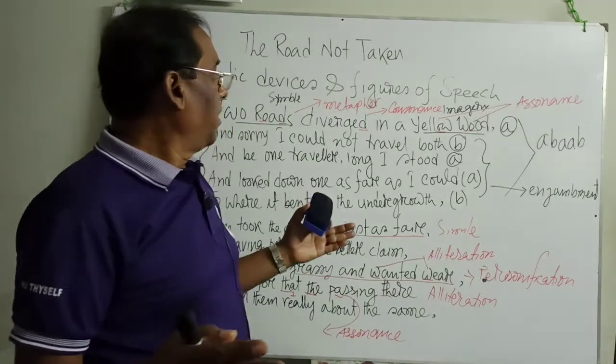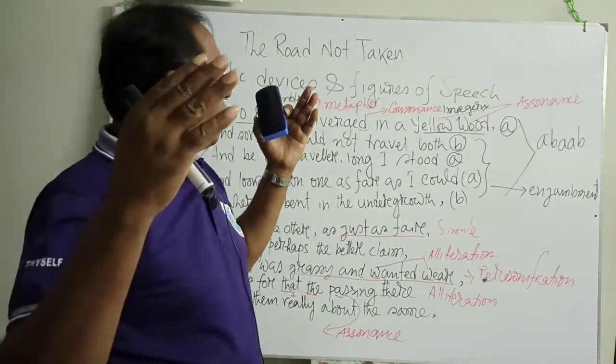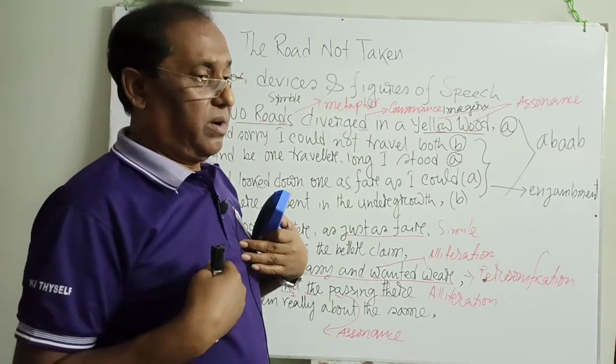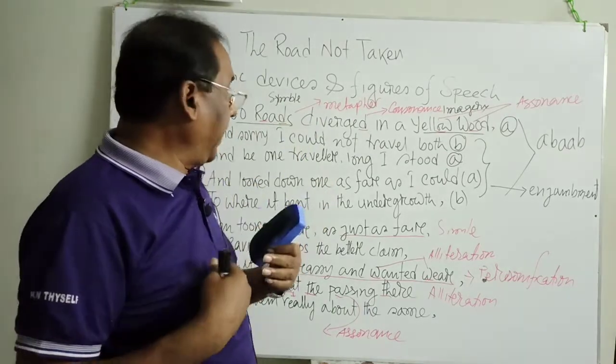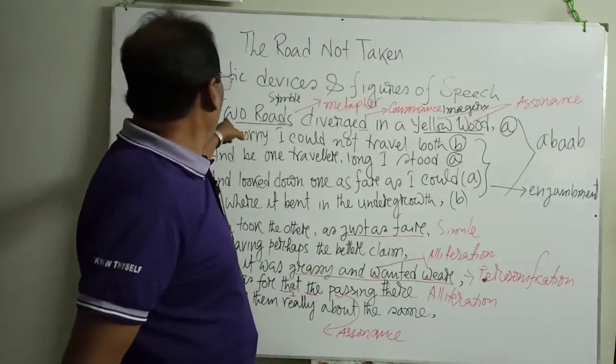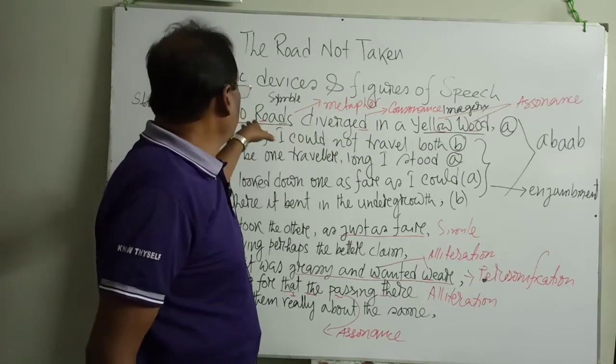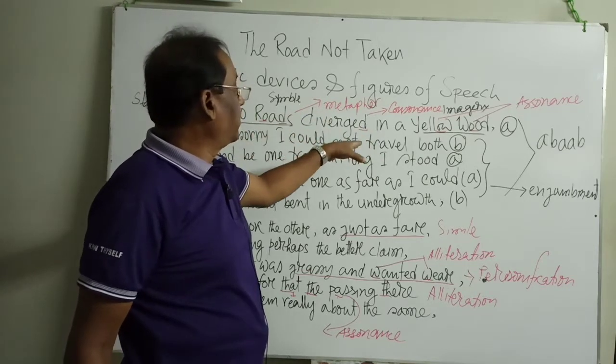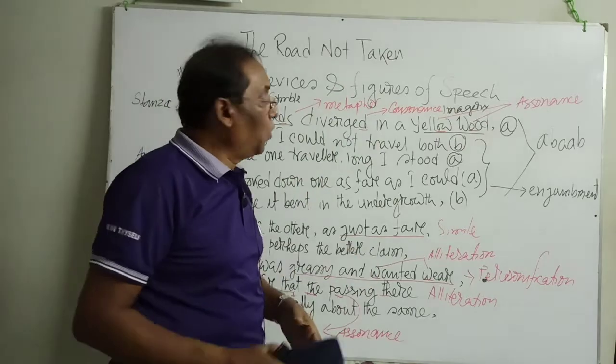So, we can find an image reflected on our mind when we go through the line, two roads diverged in a yellow wood.